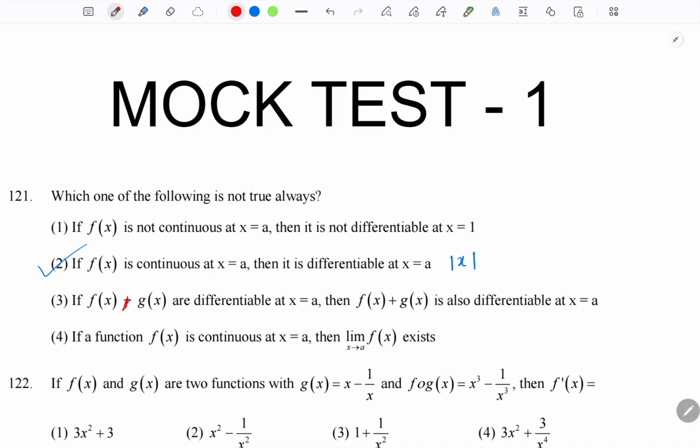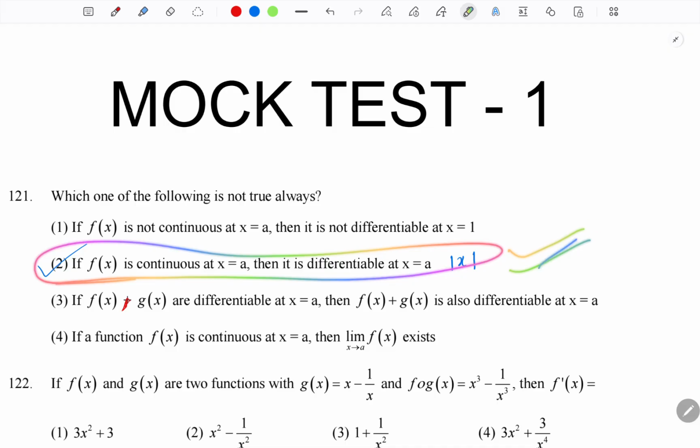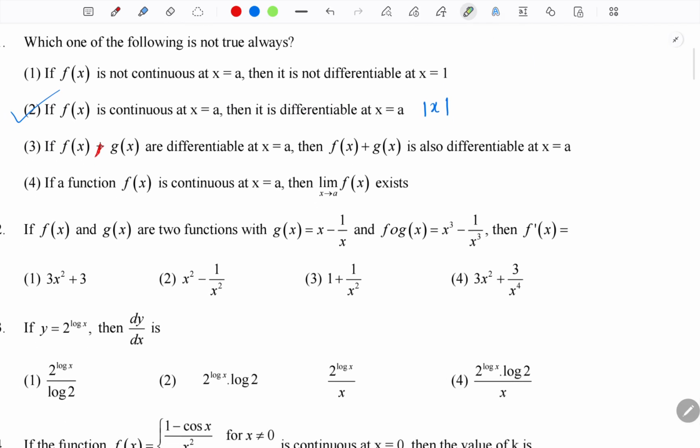Yes, it's always true. If f(x) is continuous at x equal to a, then its limit exists. Yes, it is also true. So what is false? It's option 2. How much time did you need? Just a fraction of time, right? Next, see the next question.